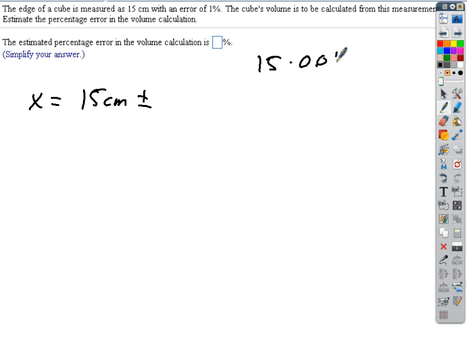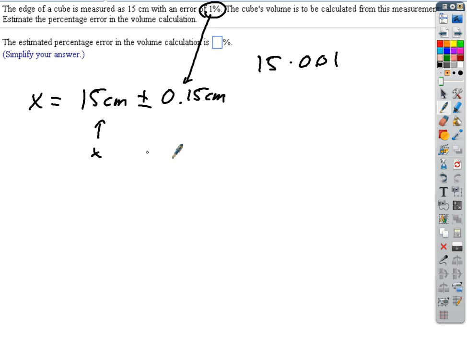That's our 1%. So then what's x? I used x for side length. This is a cube, right? So this is x, and that's dx. x is the amount, dx is the measurement error.